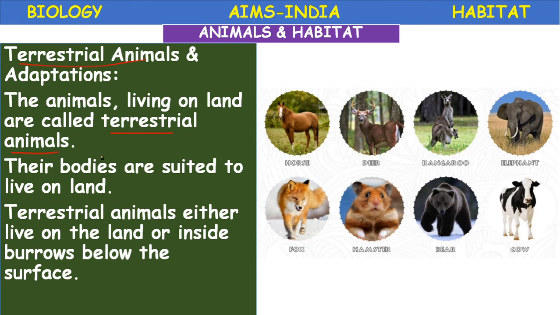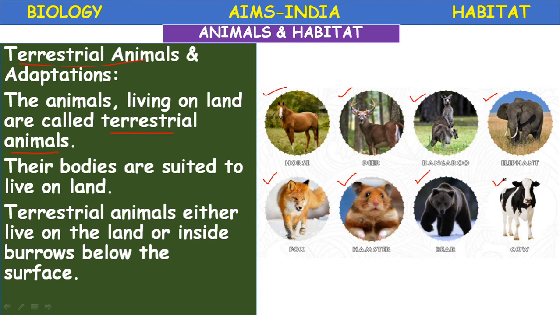You will find some of the animals listed here. A horse, a deer, kangaroo, elephant, the largest terrestrial animal, fox, a hamster, a polar bear, a cow.